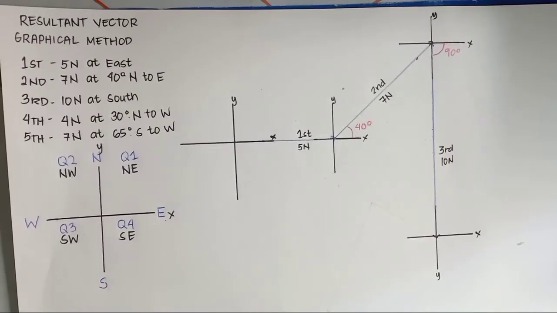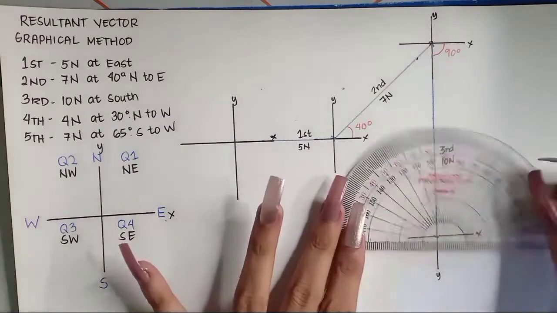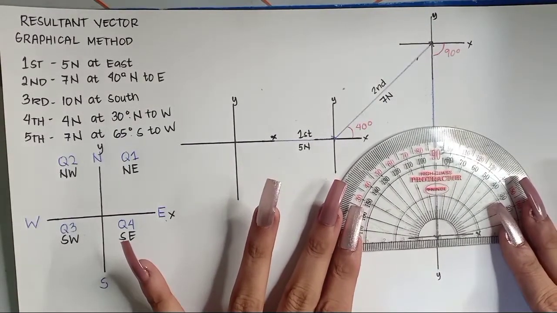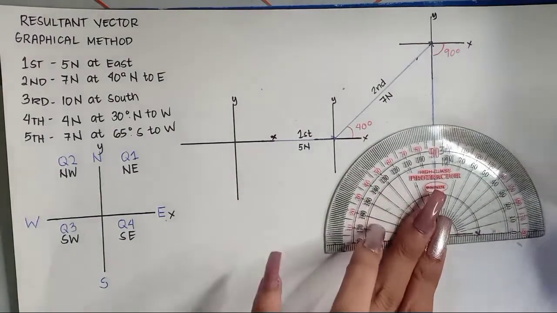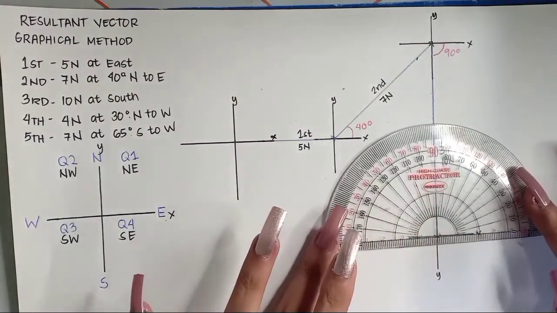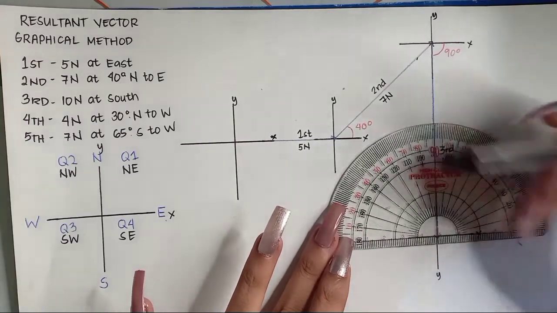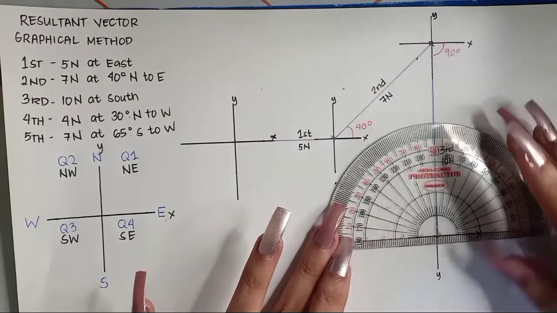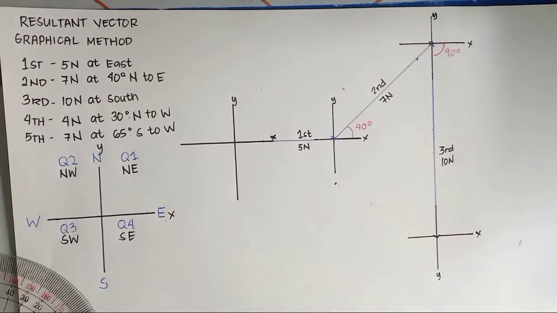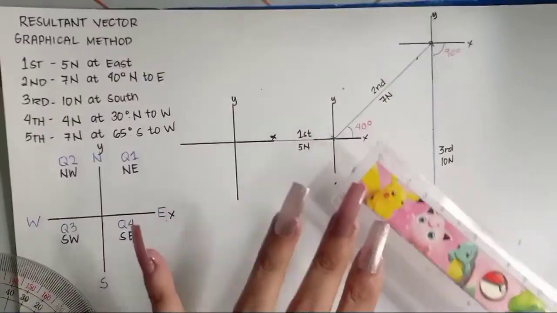So, kunin natin ulit yung protractor. Tapat ulit natin siya sa origin. And then, hanapin natin yung 10, 20, 30. So, dito siya. Yan, tuldukan lang natin. And then, kuha tayo ng ruler. Ang sabi ay 4 Newton.